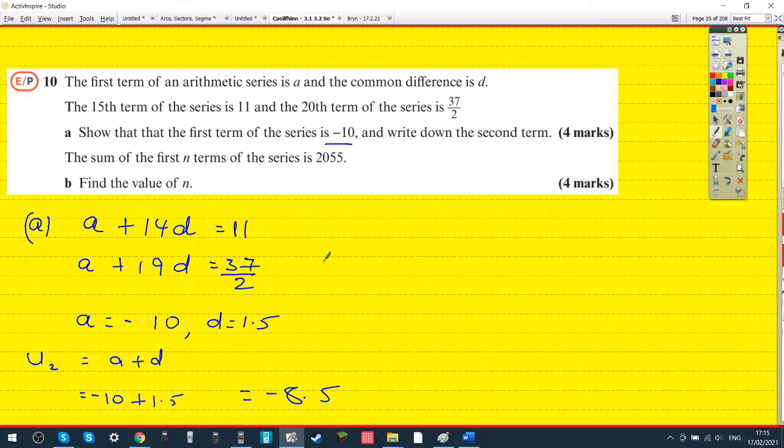Do you think you'd be okay for part B? You do that by using the formula. Which formula? The one that's like S of n equals n over 2.